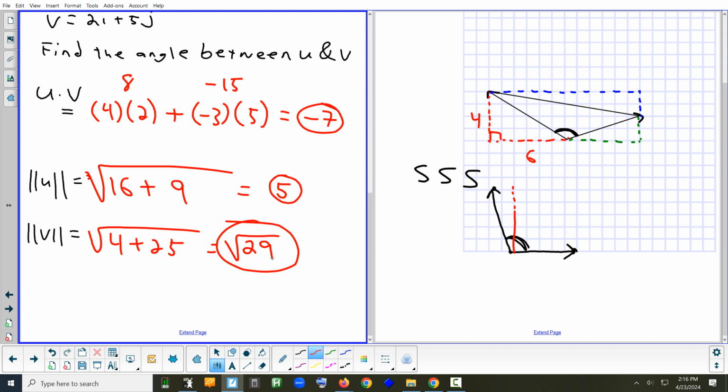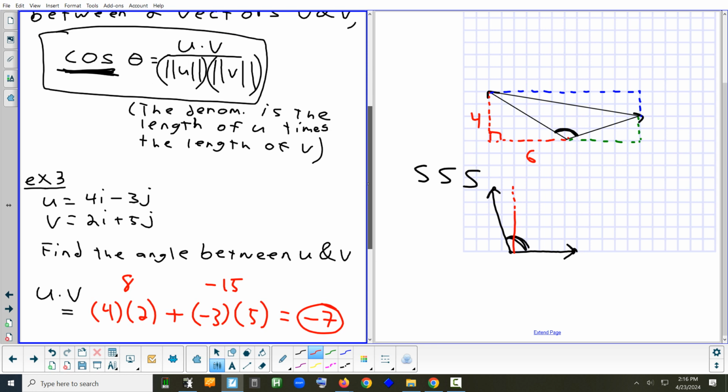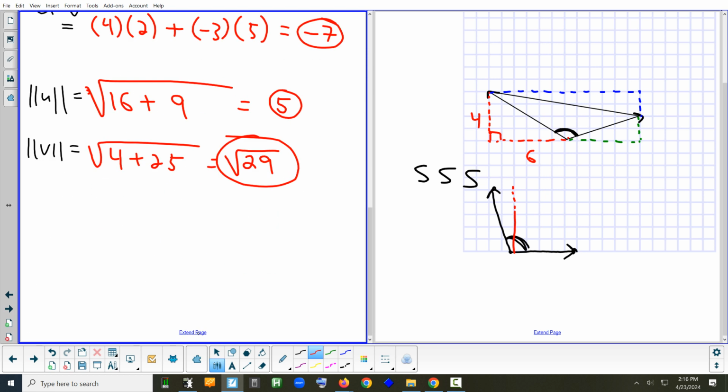Now, the 3 things that are circled, you're going to plug those into the formula. Cosine theta equals the dot product on the top, product of the magnitudes on the bottom.